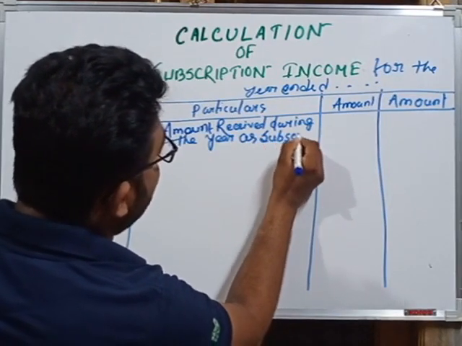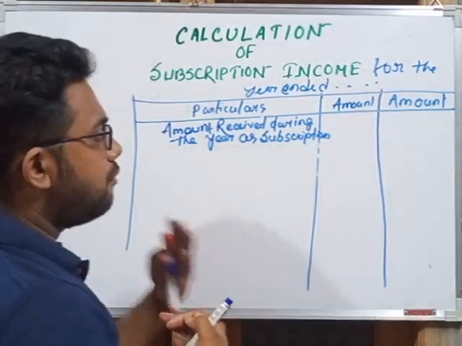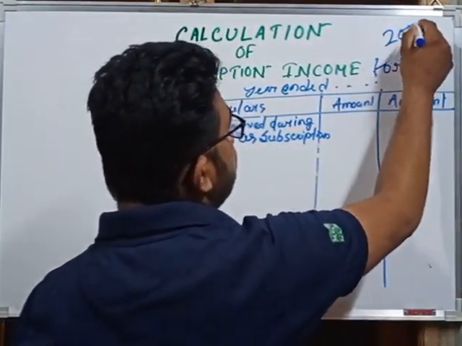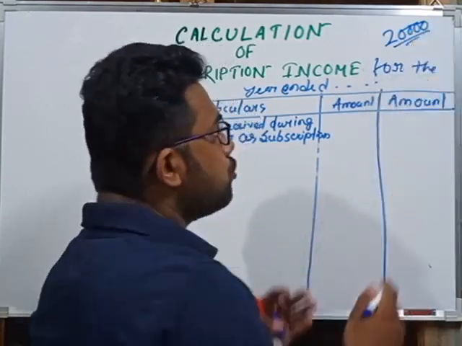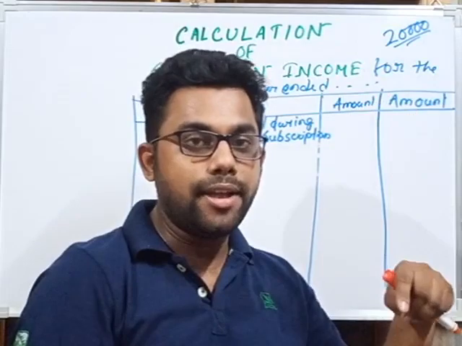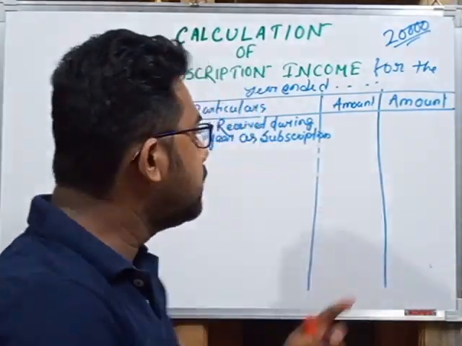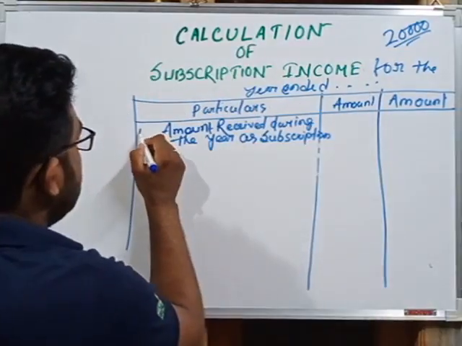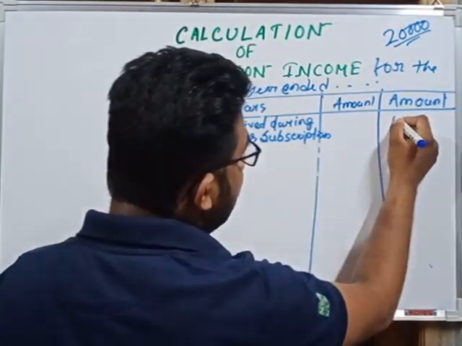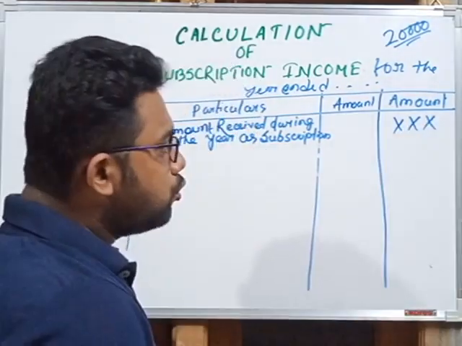First we have to write the total amount of receipt. Suppose the total amount is 20,000. In our information we find the total amount is 20,000, but we cannot identify from this 20,000 whether it is for the current year, the previous year, or a future year. So we have to write this total amount of subscription received during the year in the final column.